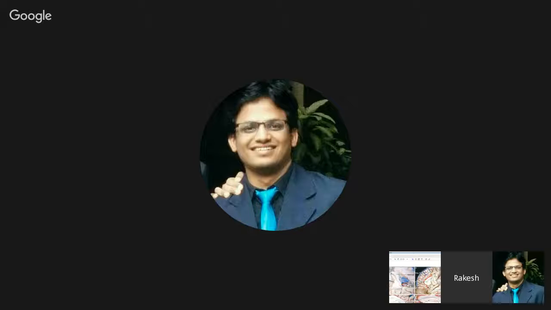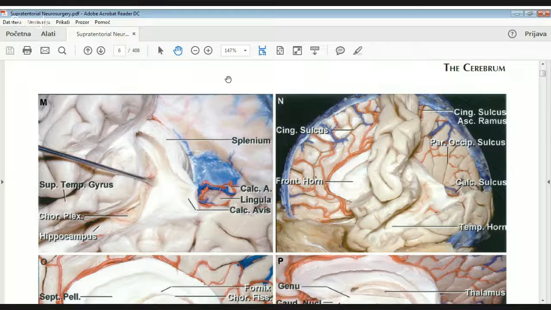Medial to the atrium of the lateral ventricle is the calcar, which overlies the deep end of the calcarine sulcus, so it goes deep beneath the calcar. Now we are proceeding to figure N.